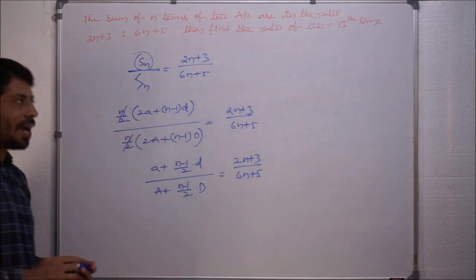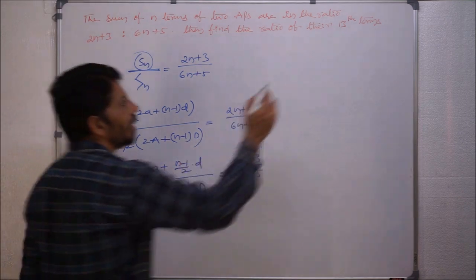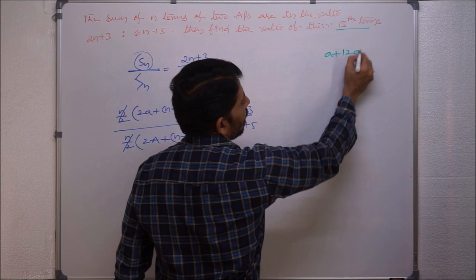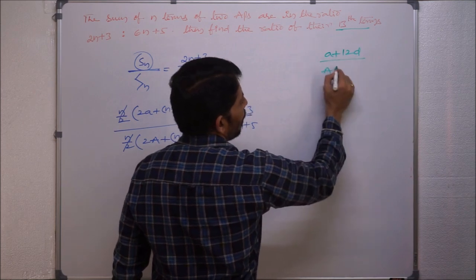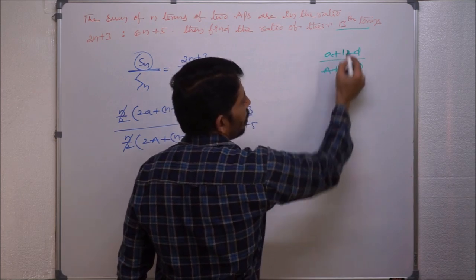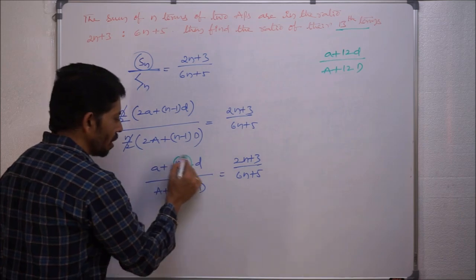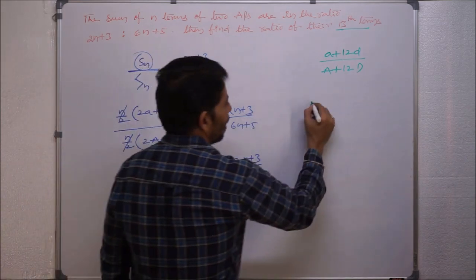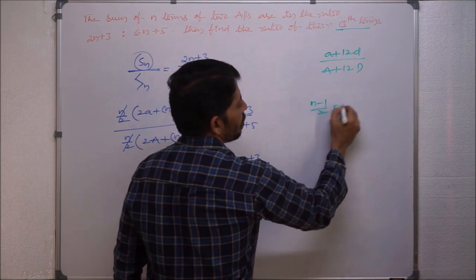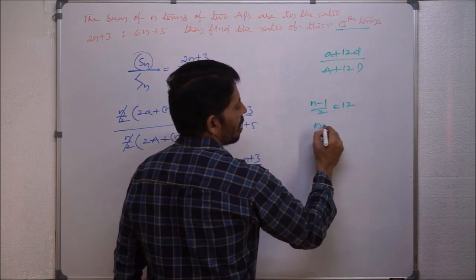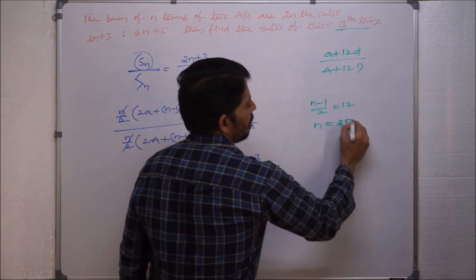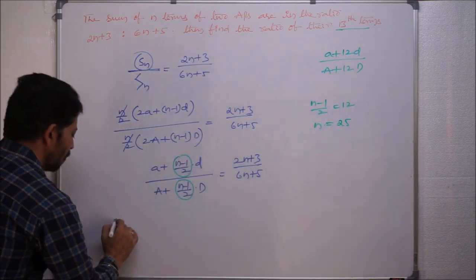Now, as they are asking us to find the ratio of their 13th terms, we know the 13th term will be a plus 12d by capital A plus 12 capital D. So in place of this, we are supposed to get 12. That means n minus 1 by 2 must equal 12. So n equals 25.